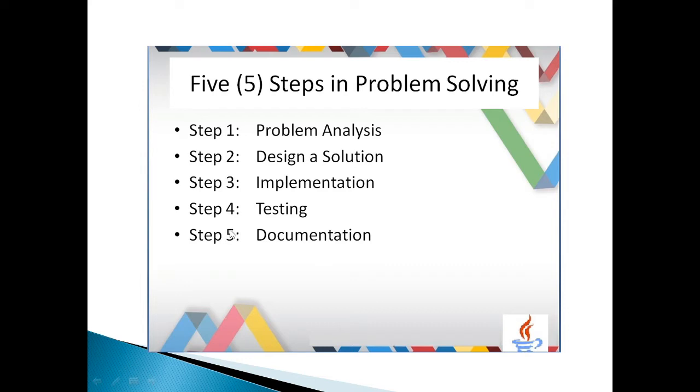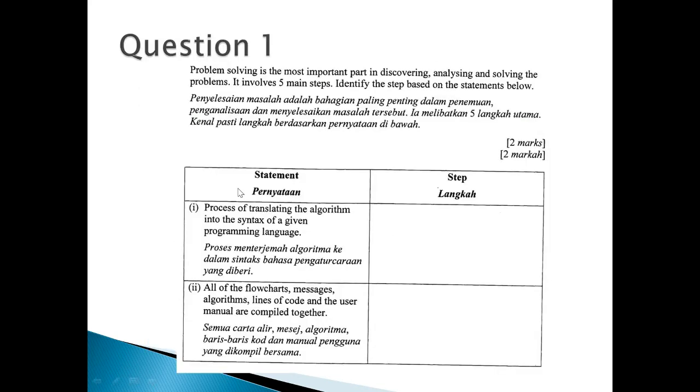And then step 5 is documentation. Documentation is all the manuals, all the documents, all the comments, from the problem analysis until testing. We put them inside the documentation. Referring to the question again, the process of translating the algorithm into the syntax of a given programming language, so translate from algorithm to programming language, the answer will be implementation.